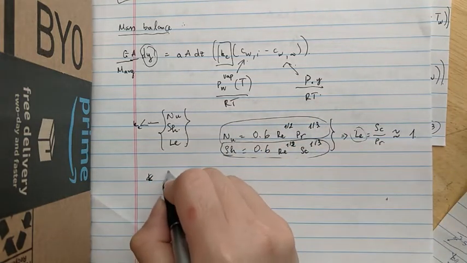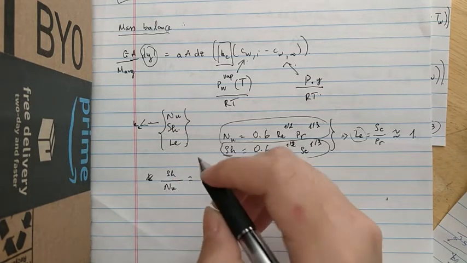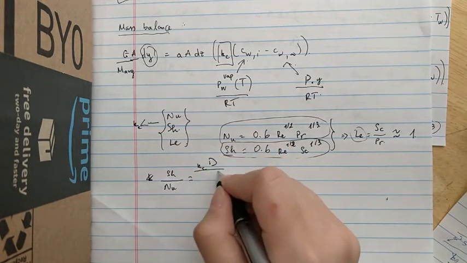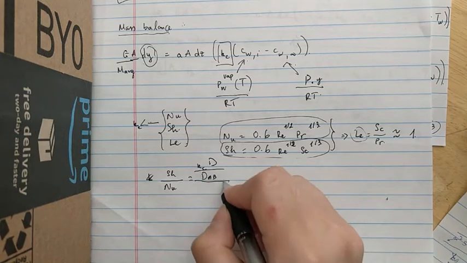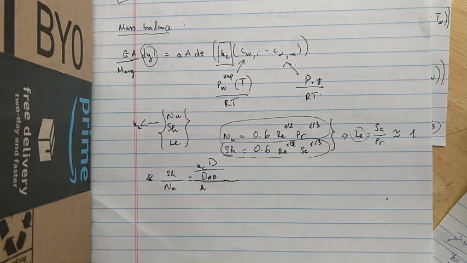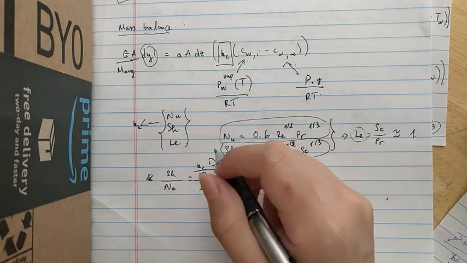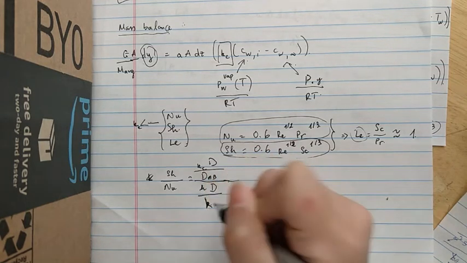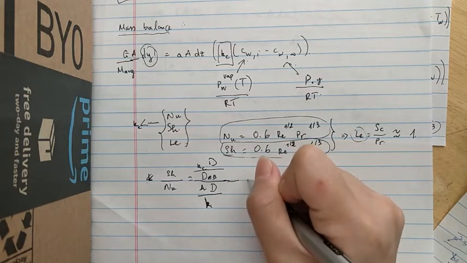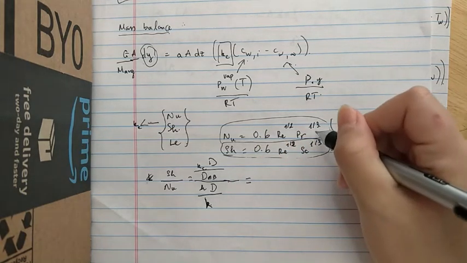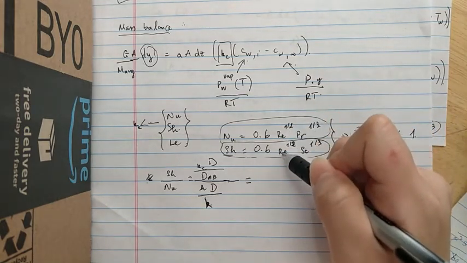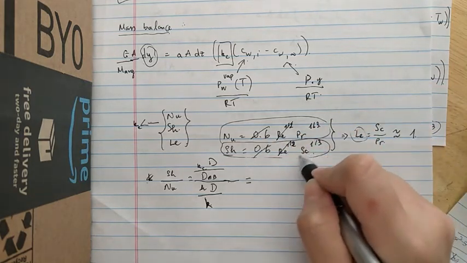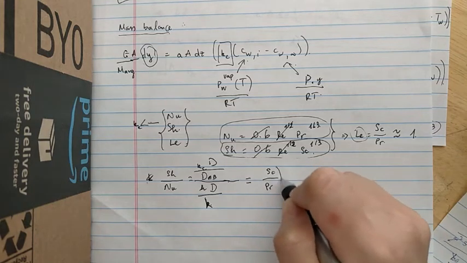So Sherwood over Nusselt equals Kc times D over DAB, over H times D over K. We can cancel this, and it equals Schmidt over Prandtl to the 1/3.